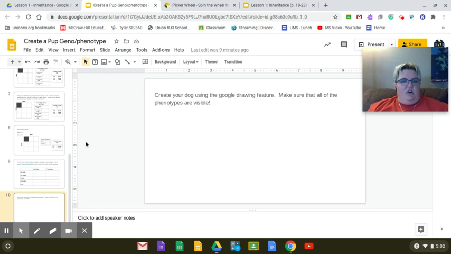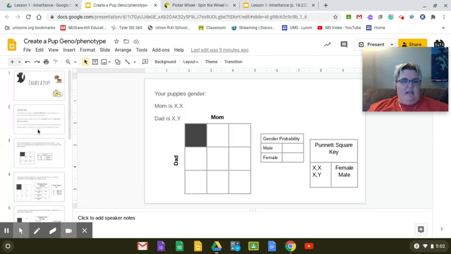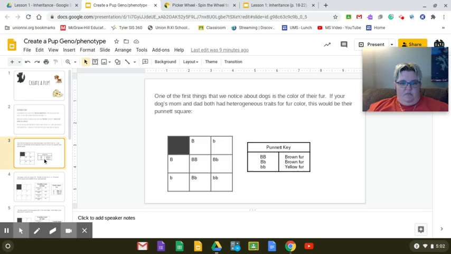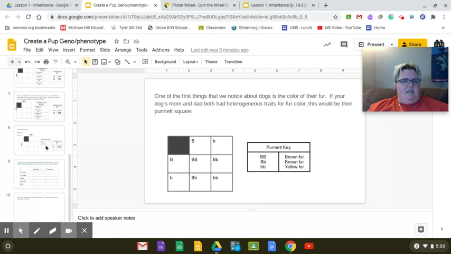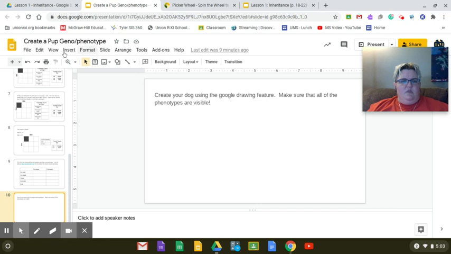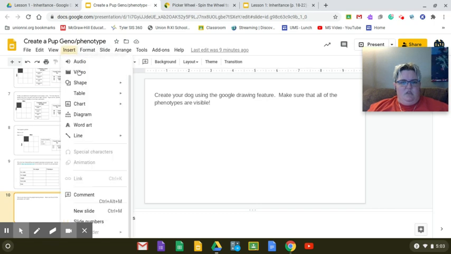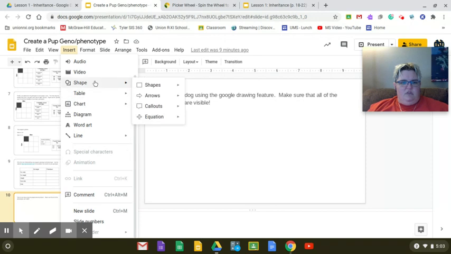So the first one we had up here was that I think we said that mine was Big B, Little B, which means it's going to be brown fur. So I go back down here, and I'm going to Insert, and where's my picture?